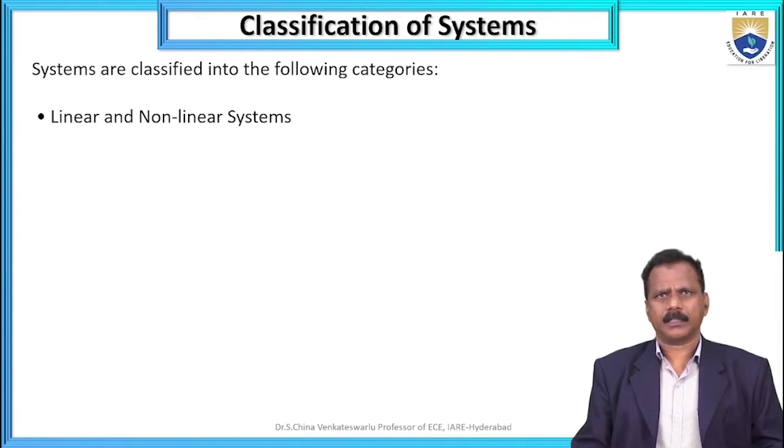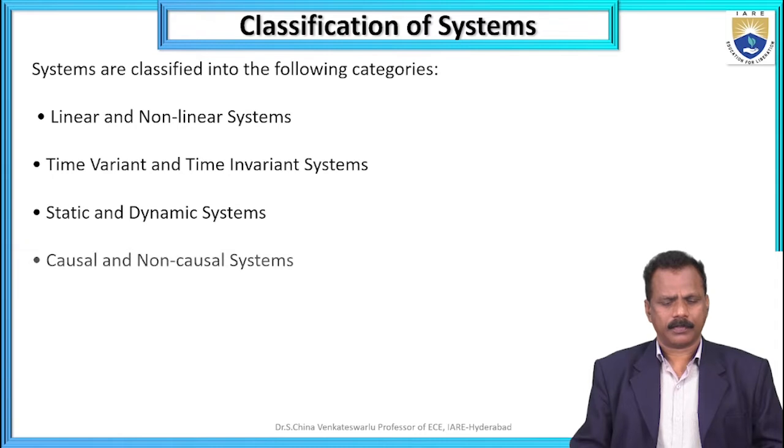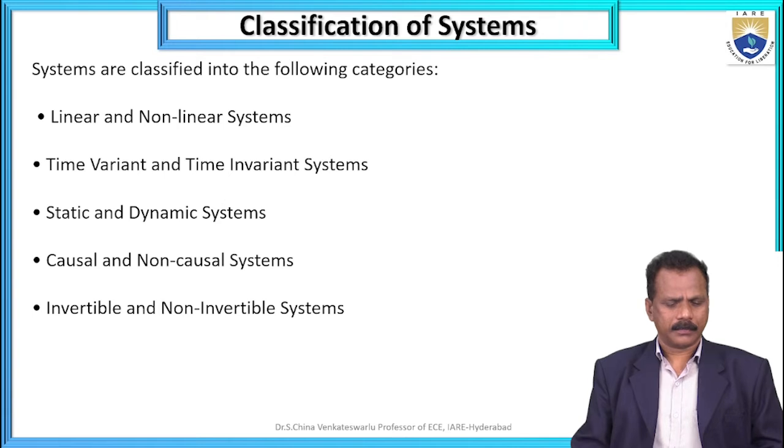Systems are classified into the following categories: linear and non-linear systems, time variant and time invariant systems, static and dynamic systems, causal and non-causal systems, invertible and non-invertible systems, and stable and unstable systems. How each is affected by system variation, we will try to verify.